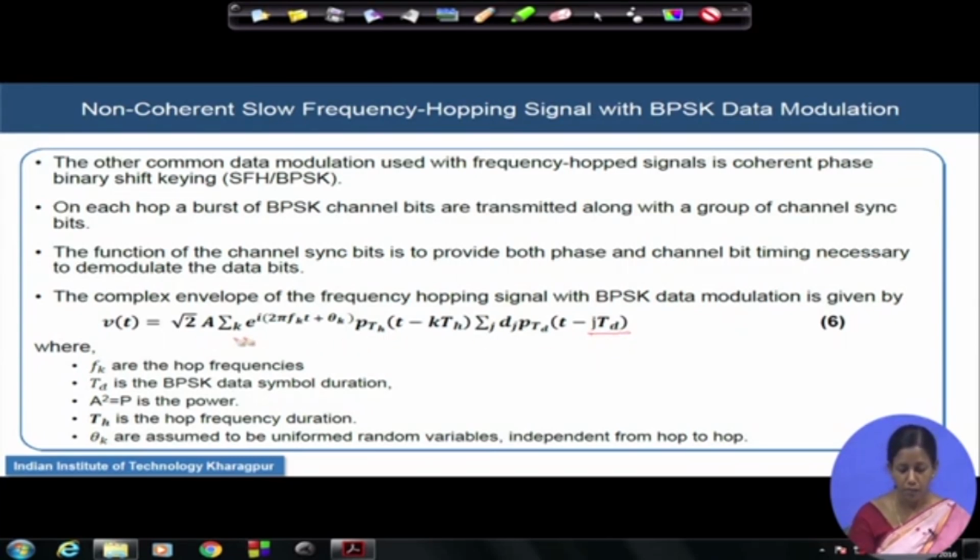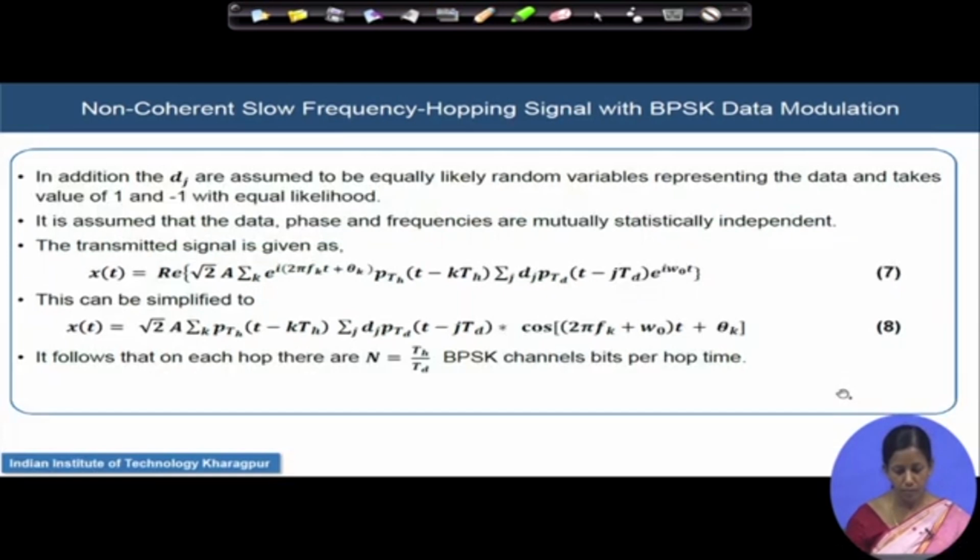The rest looks similar, where this phase phi k is associated with the random phase that we have seen in the last module. This is a random phase associated with the generation process itself, and it is independent from hop to hop.